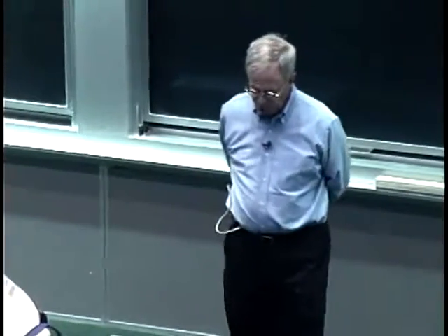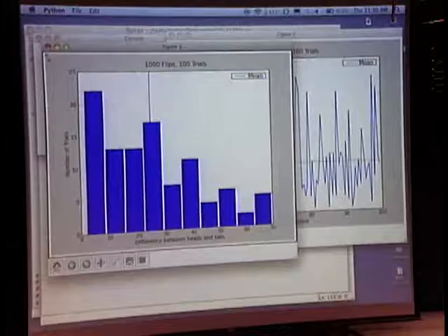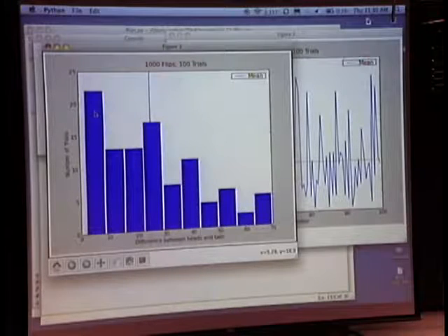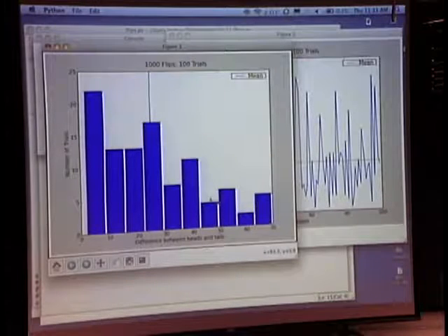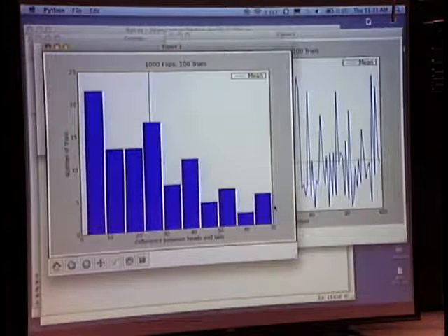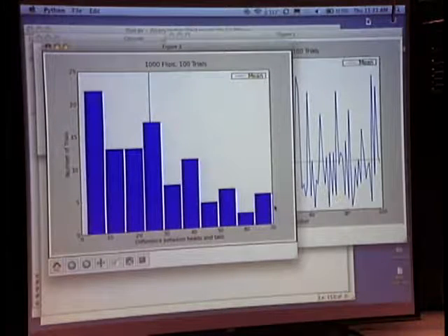The most likely event would be that I'd have something under 10 in the difference between heads and tails, but it's not terribly unlikely that I might have close to 70 as a difference. And if I ran more than 100 trials, I'd see more. But this helps me predict what might happen.